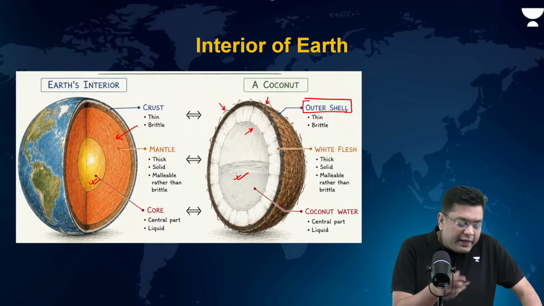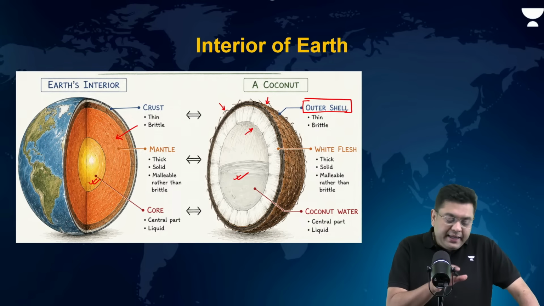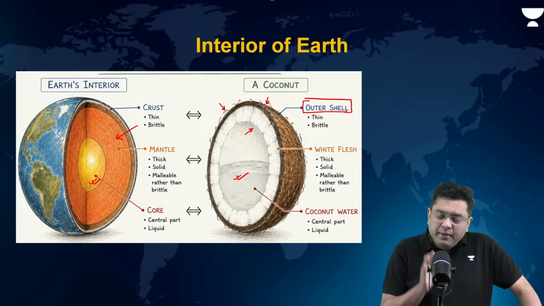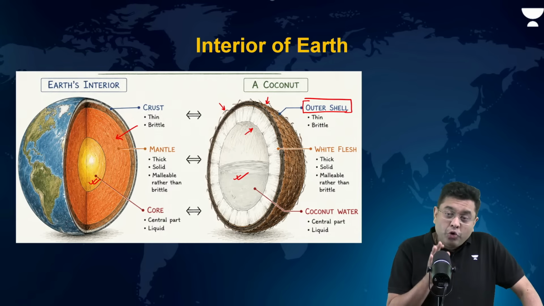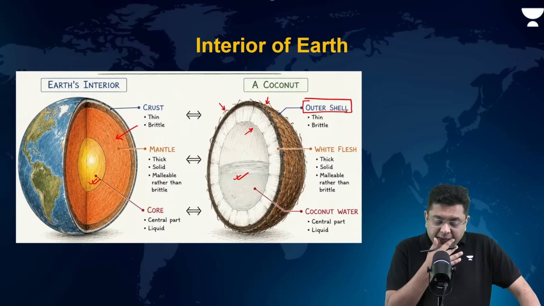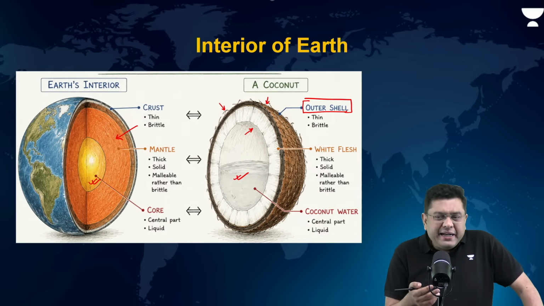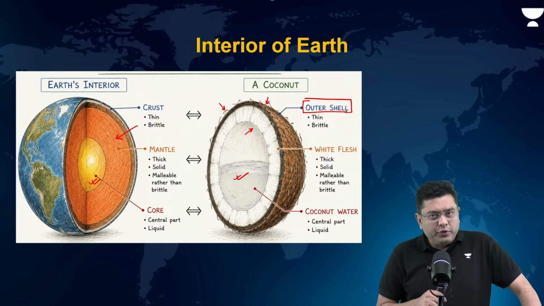So that is where you can always have a similarity between the Earth's interior and that of a coconut. It is not semi-molten. Core is molten. Okay? Liquid. Very much in a liquid shape. Okay? But it is not exactly like the coconut also.